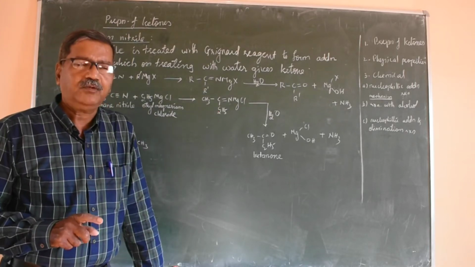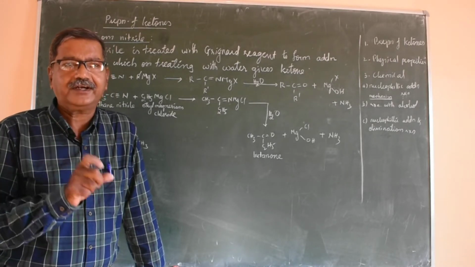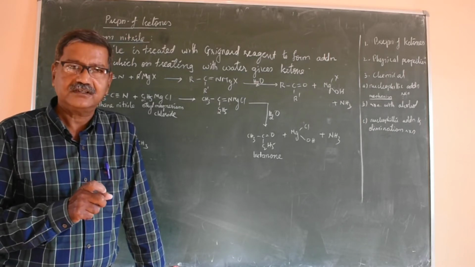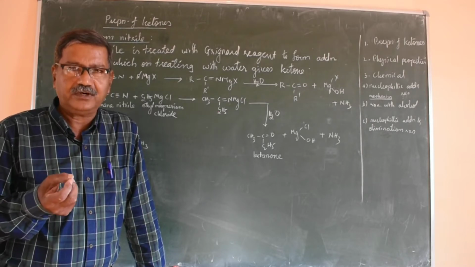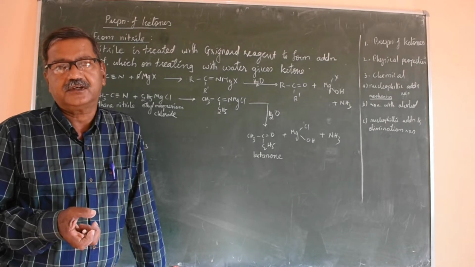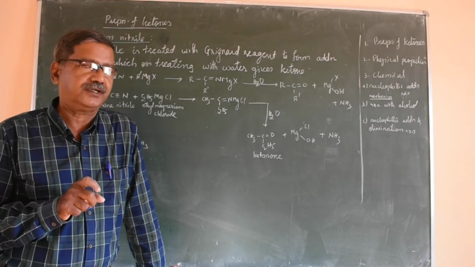Second point is about solubility. We have some polar character in aldehydes and ketones. That means the aldehydes and ketones with few carbon atoms are soluble in water due to hydrogen bonding with water.